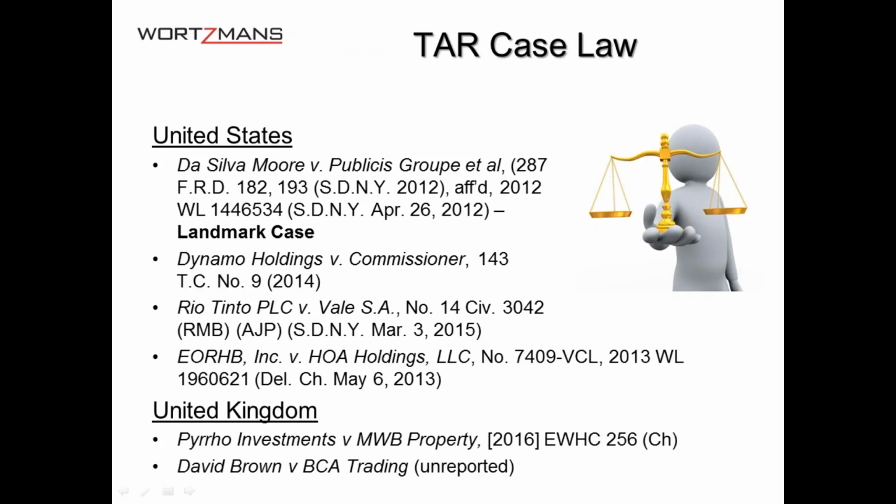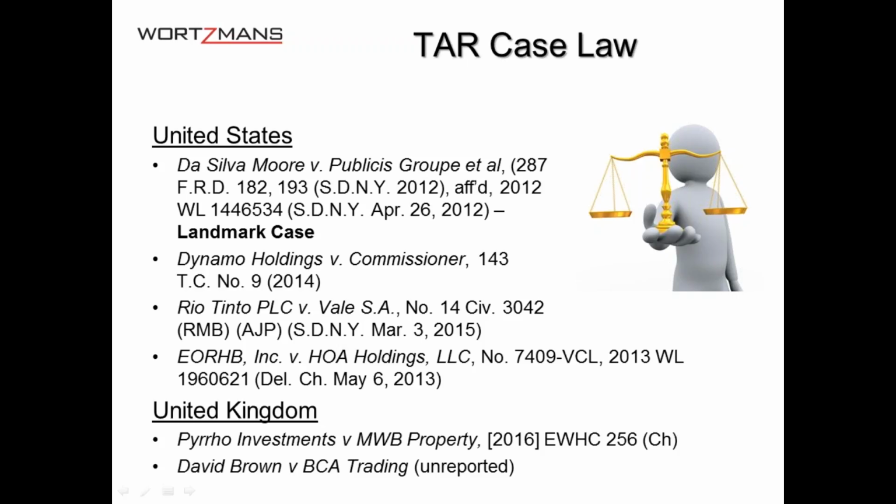The defendants came to the table with the proposal to use predictive coding to locate relevant records, and the opposing party disagreed with the approach. The plaintiff felt that using predictive coding would not be as reliable as doing a traditional keyword culling and eyes-on review. It was really the first time a U.S. court affirmatively approved a party's use of predictive coding and ordered that it proceed.